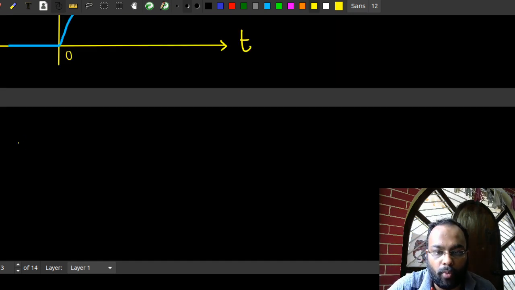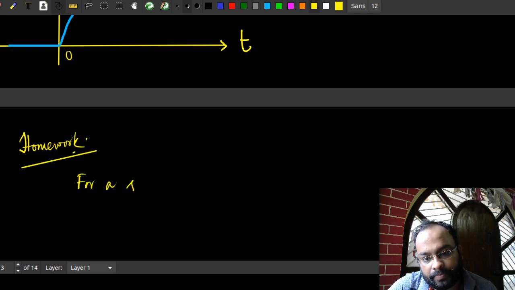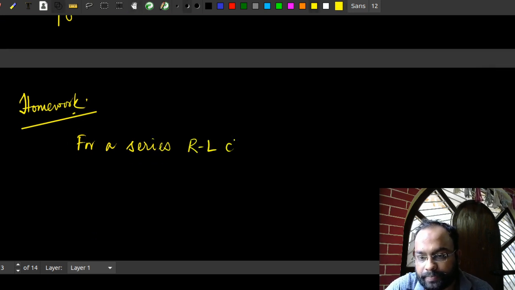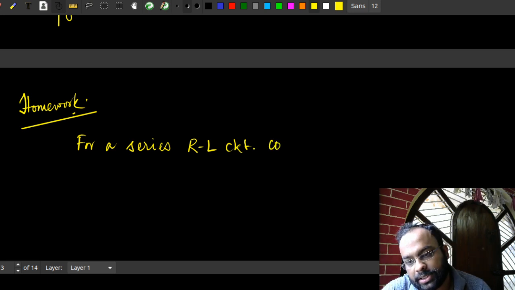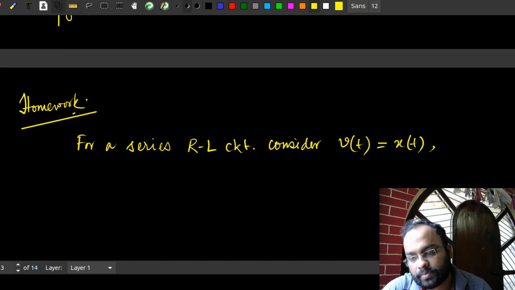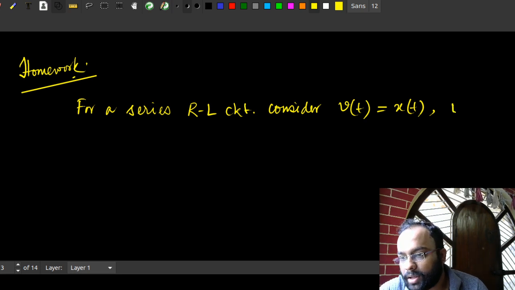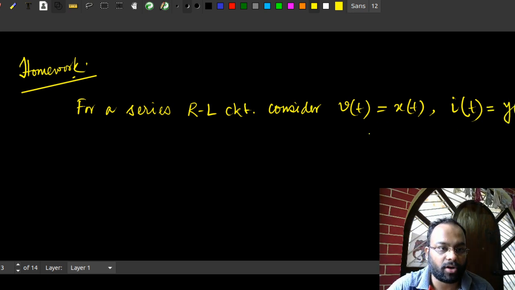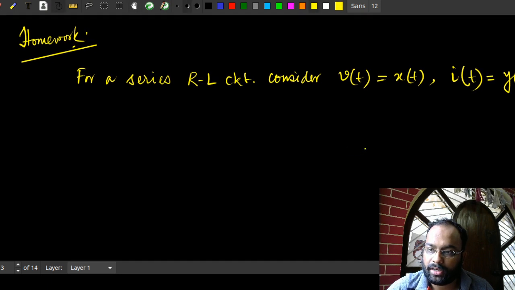So your homework would be, for a series RL circuit, consider the voltage across the circuit to be the input, and the current through the circuit to be the output.